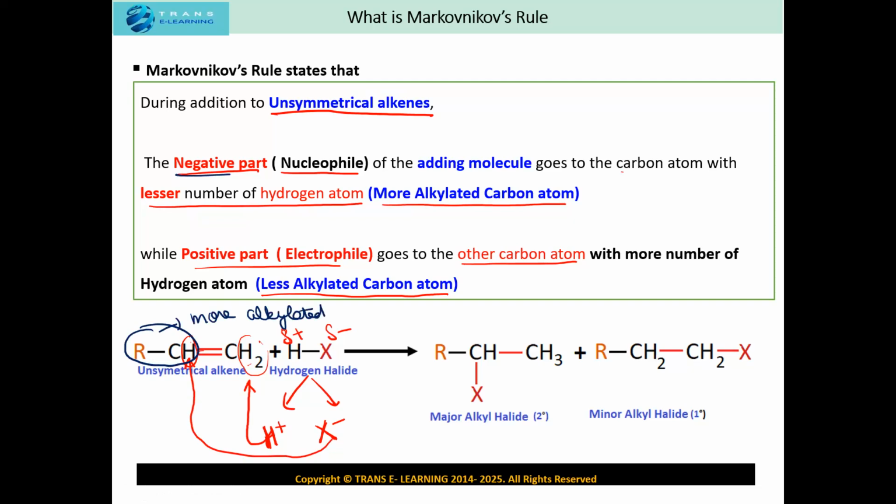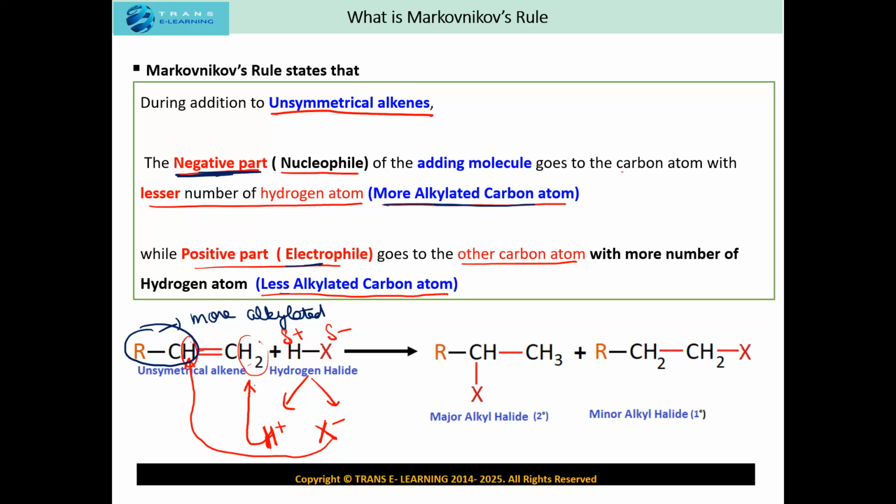So we can see here that the negative part is going to the more alkylated carbon atom, the other way to understand this, whereas the positive part is going to the less alkylated carbon atom. Right. So there are two ways of understanding. Either you understand in terms of the hydrogen atoms or you understand in terms of the more alkylated carbon atom.